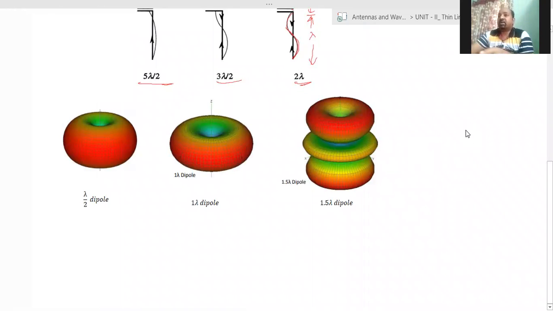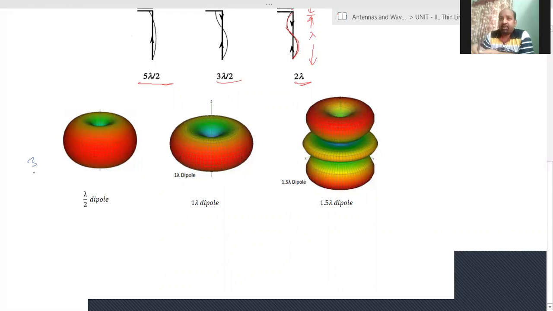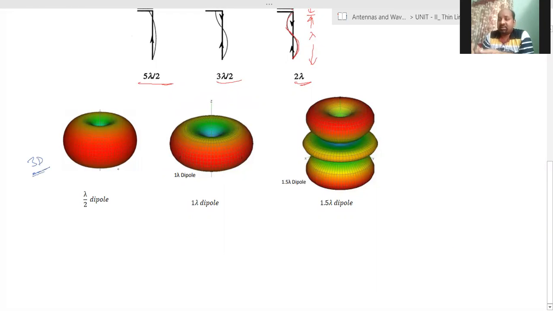These are the original 3-dimensional radiation patterns, and they are the result of a simulation. In software, the radiation patterns are drawn like this.